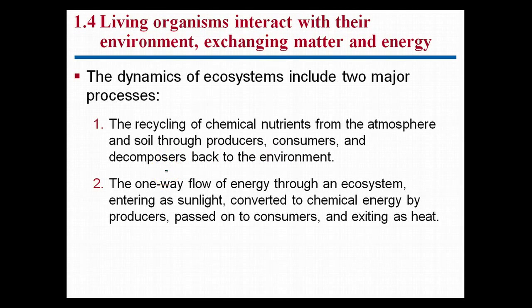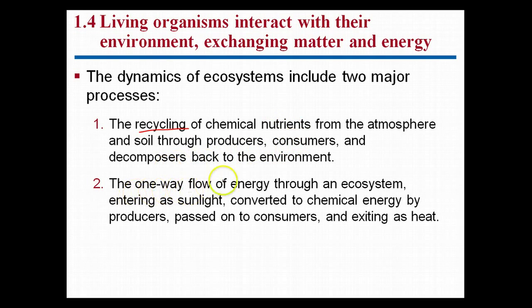Dynamics of an ecosystem include two major processes. There is recycling. So you've got to take what nutrients you've already got and move them through the environment. I mean, think about your carbon cycles, your nitrogen cycles, your things like that. Here's an even easier one: the water cycle, right? We take it from the ocean, we take it up, we take it back down in rain, and the process of that just moves through, so the nutrients move around.